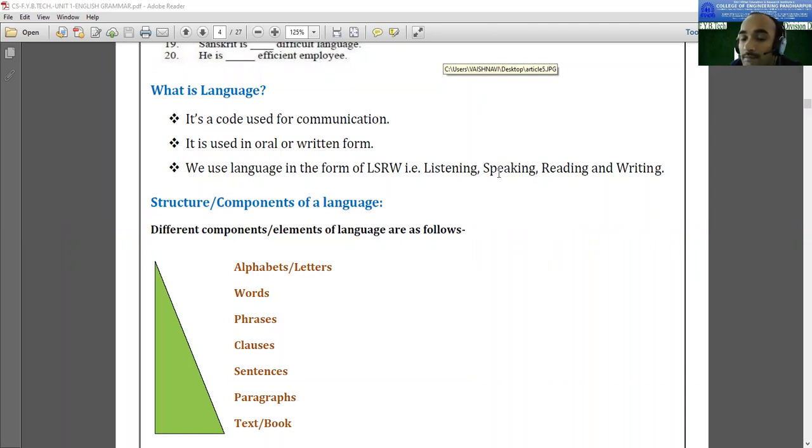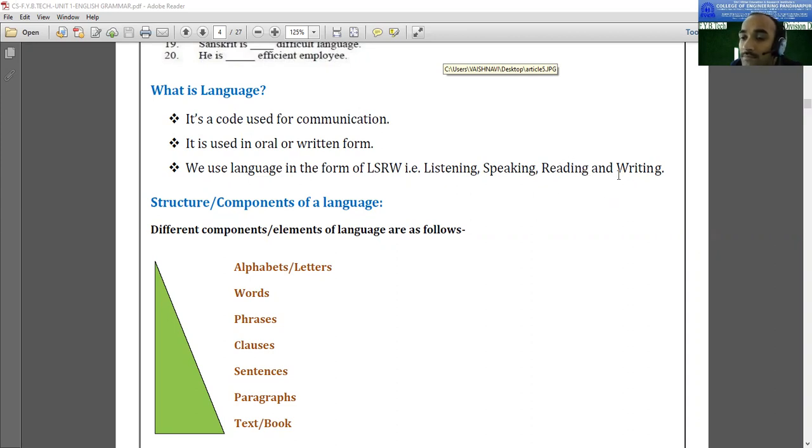Okay, after that we try to speak, or we try to make a copy of our parents. When we start going to school, our teacher teaches us to read the language or alphabets.